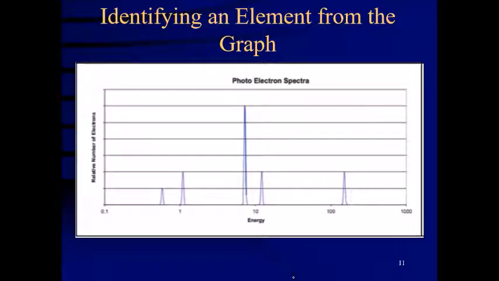So let's look at this one example before we go. First thing I should do is look at that x-axis, determine which side is my higher energy, the right or the left. Which one's the higher energy? The right. So guess what that peak over there to the right is going to be? Here is my higher energy.